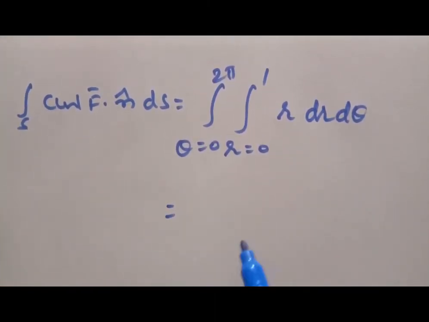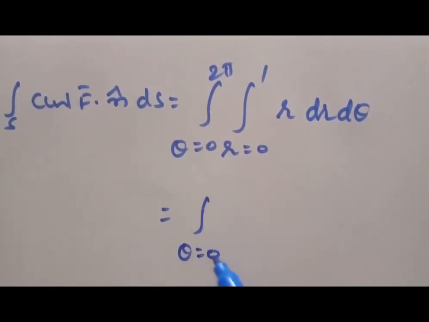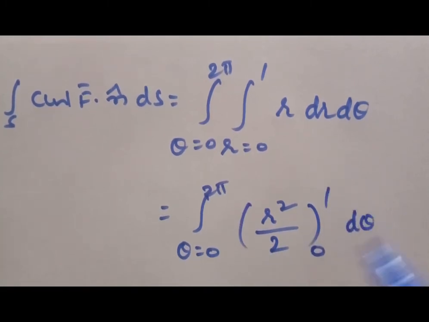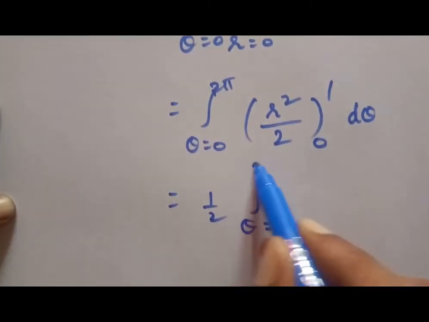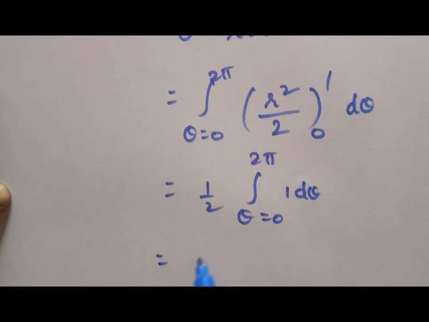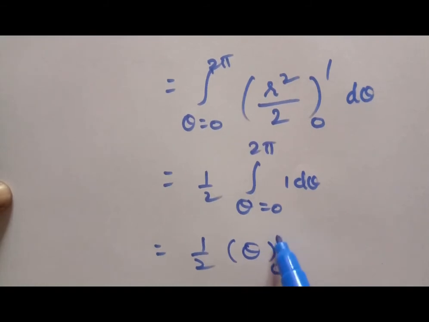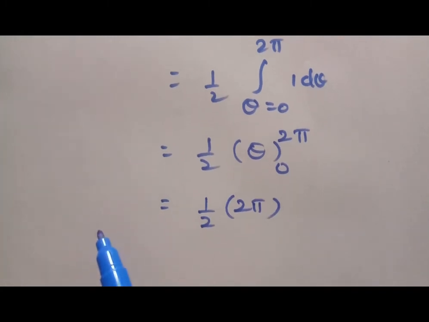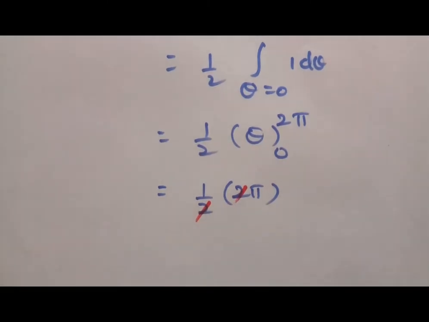Integrating with respect to r, the integral of r is r square by 2, limits 0 to 1. That becomes 1 by 2 minus 0, and then 1 by 2 into the integral of 1 with respect to theta, limits 0 to 2 pi, that is 1 by 2 into 2 pi. The 2 gets cancelled, therefore this becomes pi.